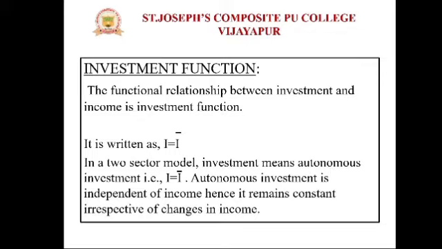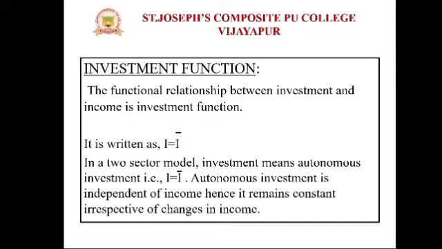Here, in a two-sector model, investment means autonomous investment. That means I is equal to I dash. You can see there. So here, autonomous investment means what? As you know the word autonomous, autonomous investment is independent of income. Hence, it remains constant irrespective of changes in income. That means in autonomous investment, income is in a constant stage. Why?